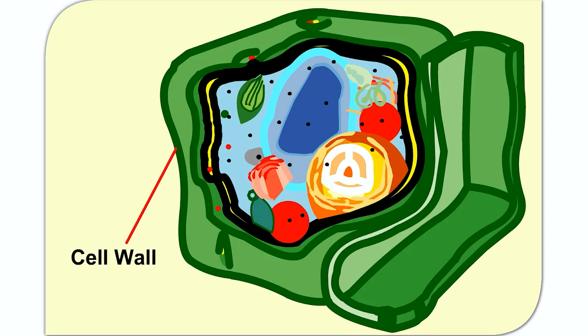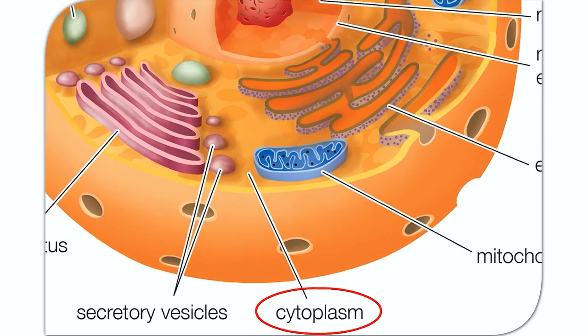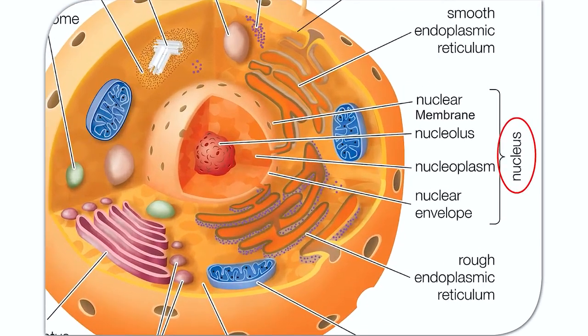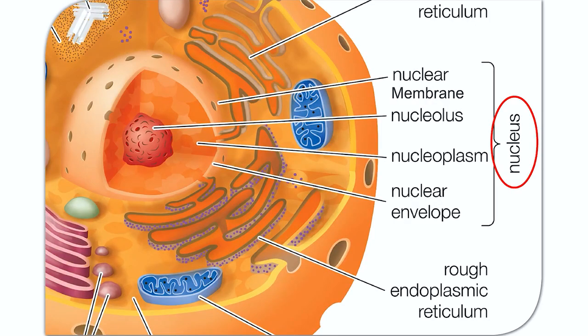It is present outside the cell membrane and provides rigidity to the cell and protects the internal structure. The cytoplasm is a jelly-like substance lying between the cell membrane and the nucleus. A number of cell organelles are suspended in it. The nucleus is a very important part of the cell. It usually is located in the center of the cell and consists of 4 parts.